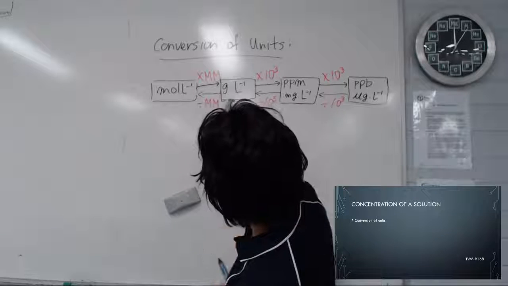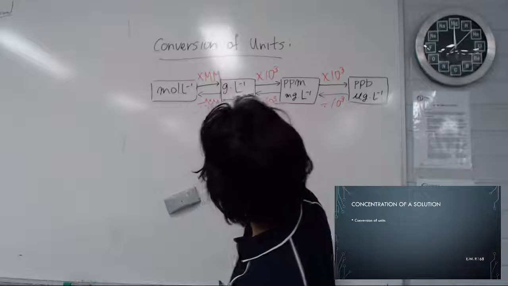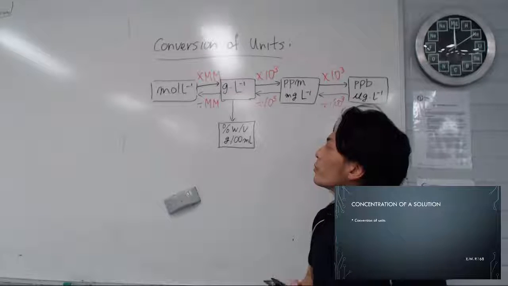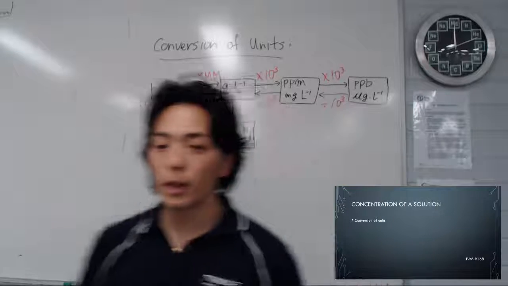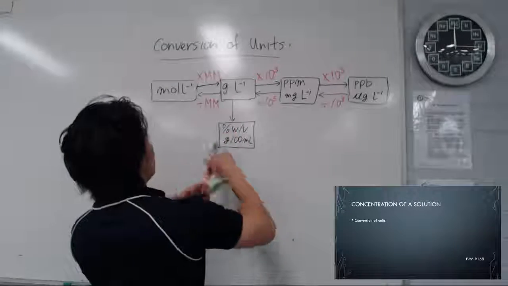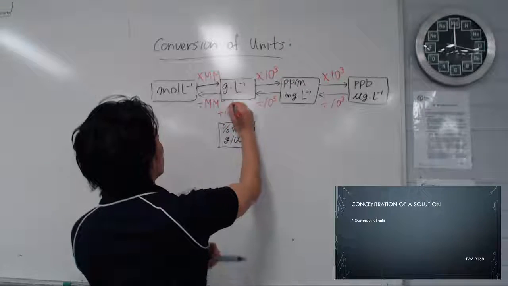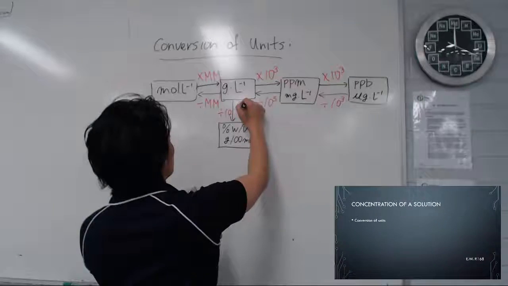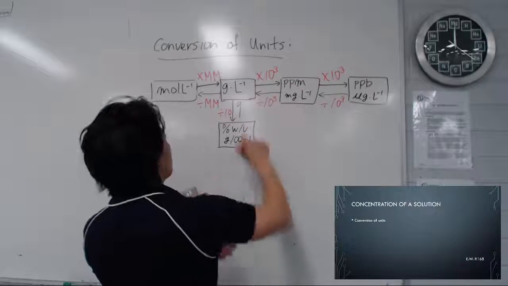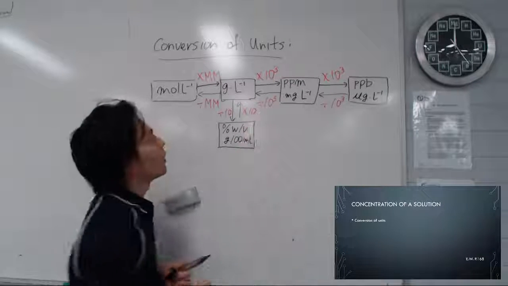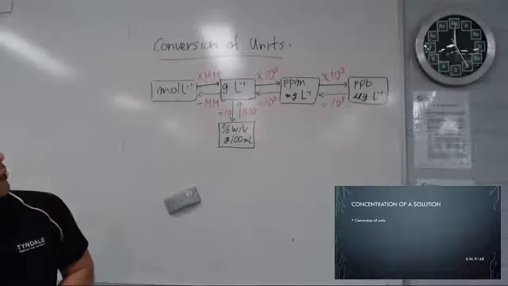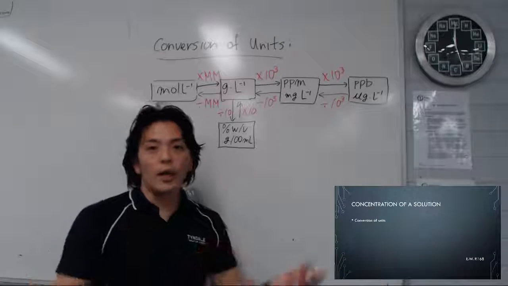So if you are going down, you'll be dividing by 10, and the opposite will be multiplying by 10.